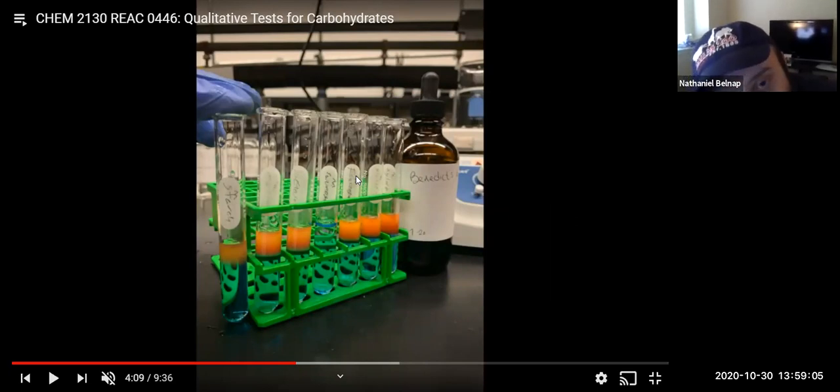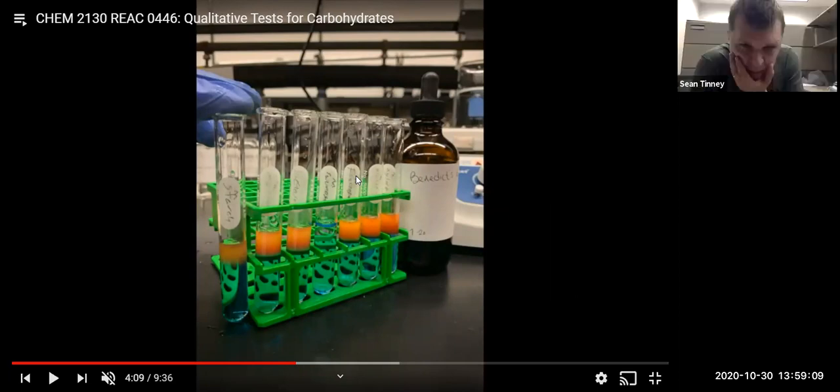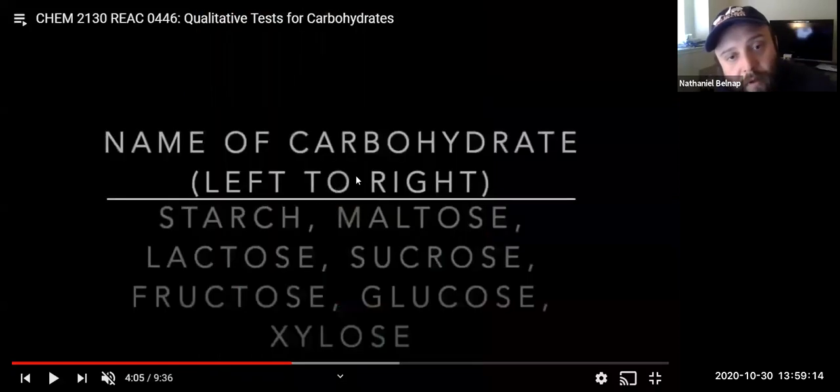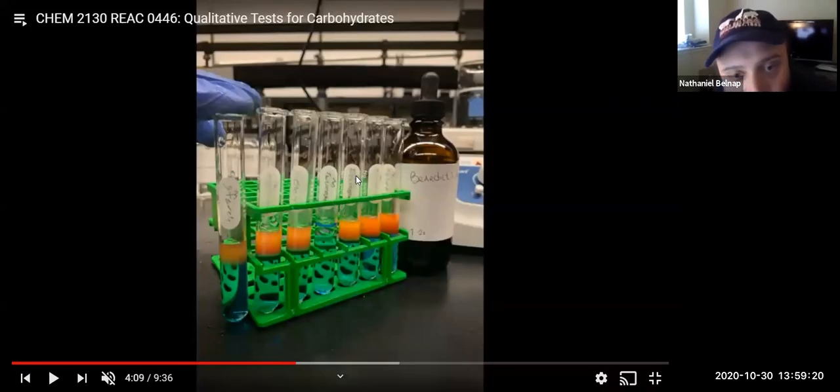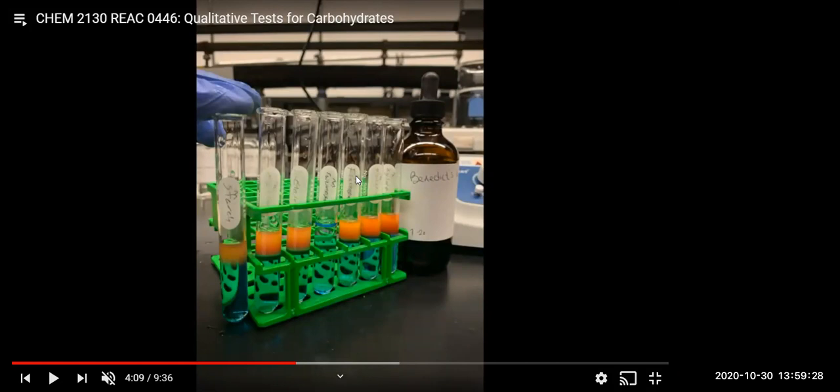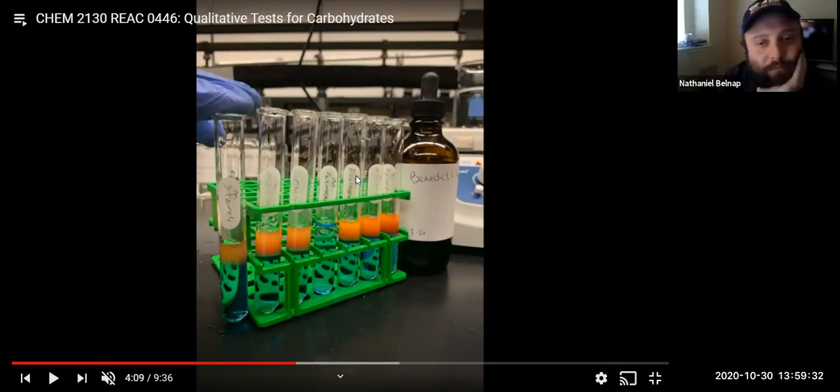What was the third one? Is that fructose there? Maybe, yeah. Let's see. That's the 1, 2, 3, 4. It's one down. I thought I had bad handwriting. 2, 3, 4. So that's sucrose. I know, right? Yeah. Looks like that's sucrose there. That didn't have that orange layer on the top. So then sucrose would be the only negative one? Right. Okay.